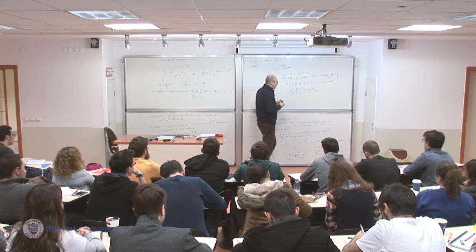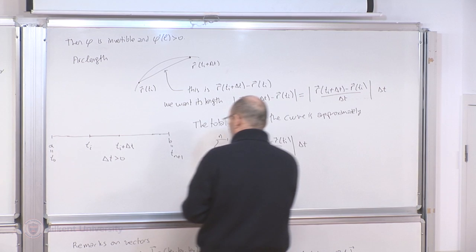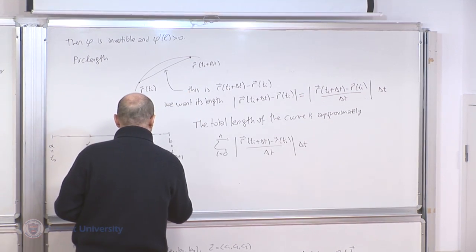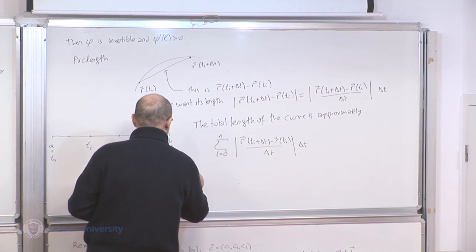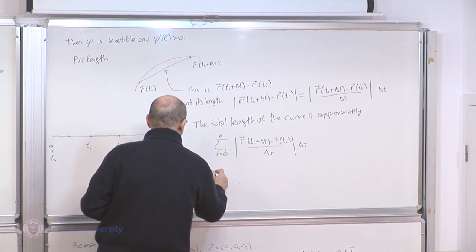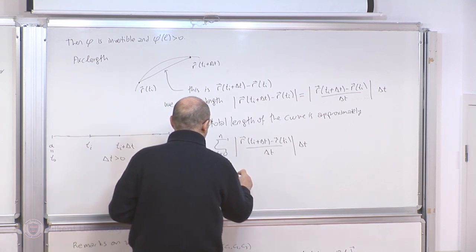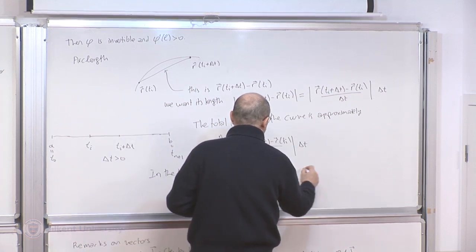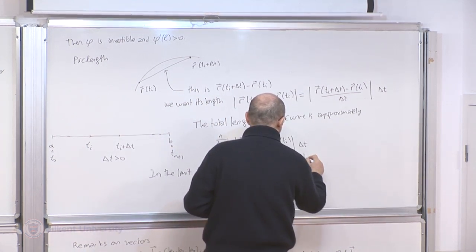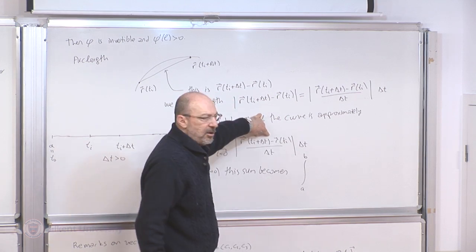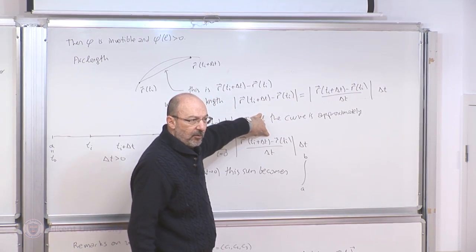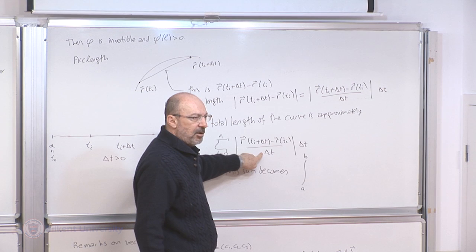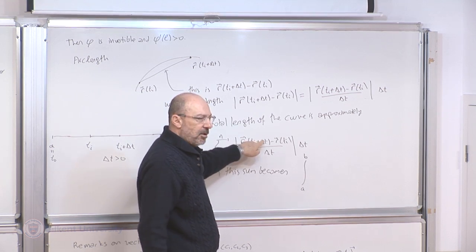So in the limit, when delta T goes to 0, this sum becomes an integral, and we have the integral from A to B. You see that this part is the derivative when you take the limit as delta T goes to 0.